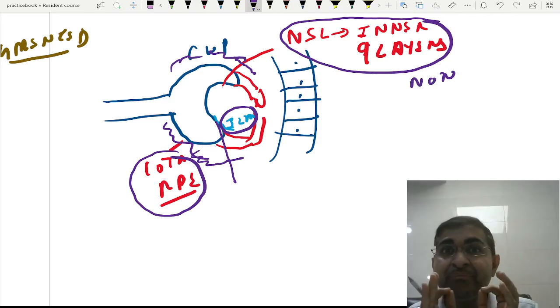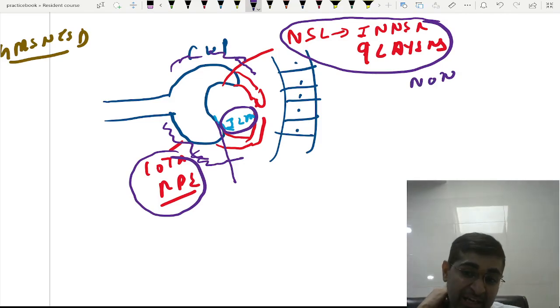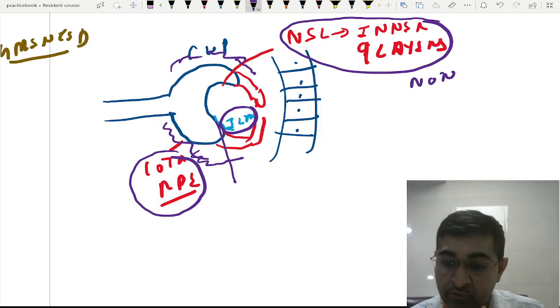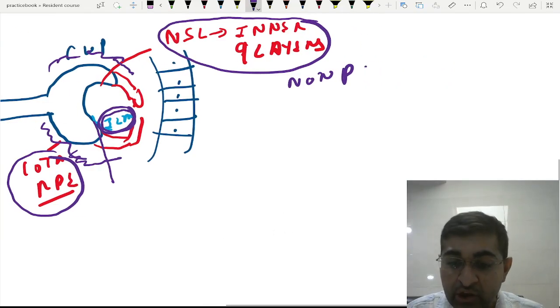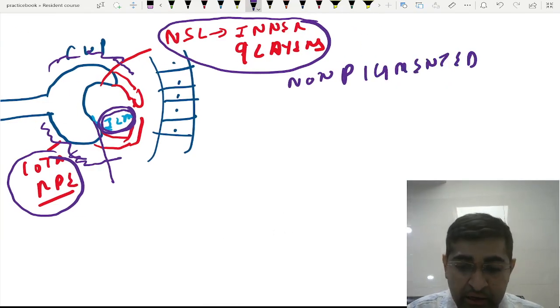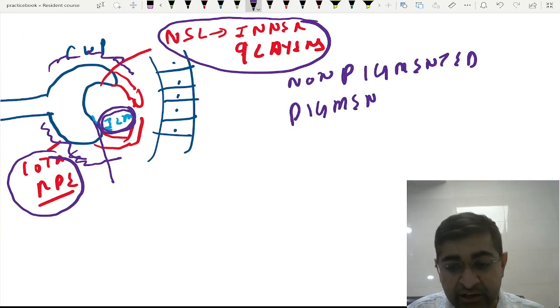There is something very, very important. So the inner limiting layer is this, then we will have 8 layers which are going to be non-pigmented, and then the 3rd layer from inside will be the pigmented layer. Is it understandable?